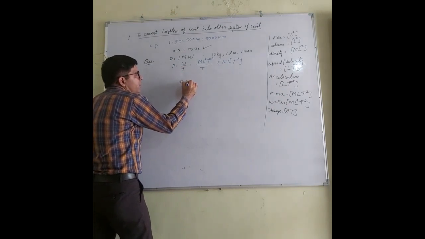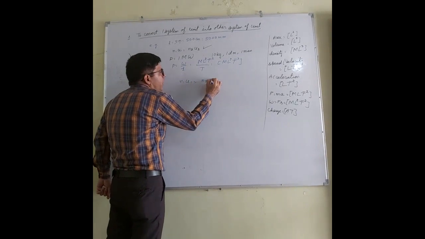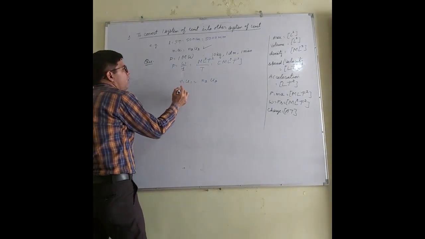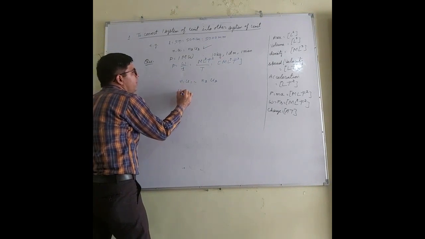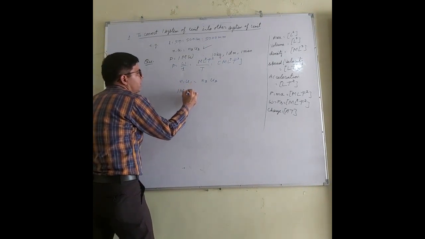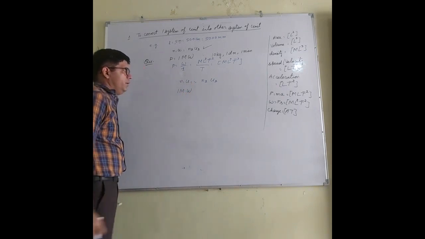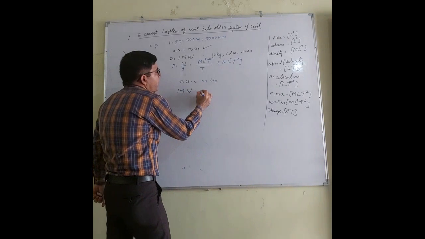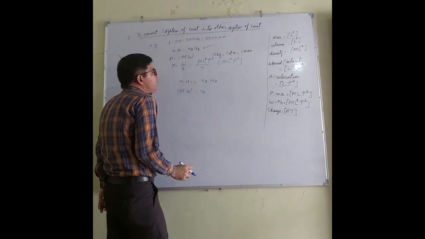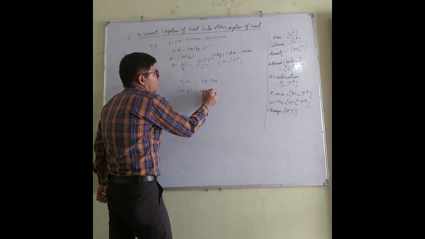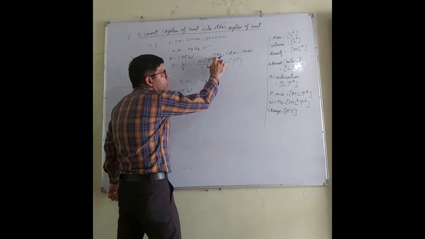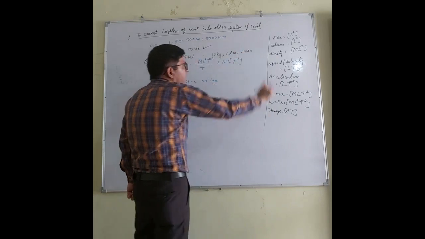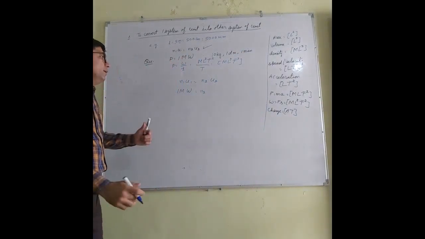N1 U1 equals N2 U2. What is N1? It is 1 mega. And what is U1? It is watt. And what is N2? N2 I have to calculate. And what is U2? This unit is 10 kilogram for mass, 1 decimeter for length, and 1 minute for time.